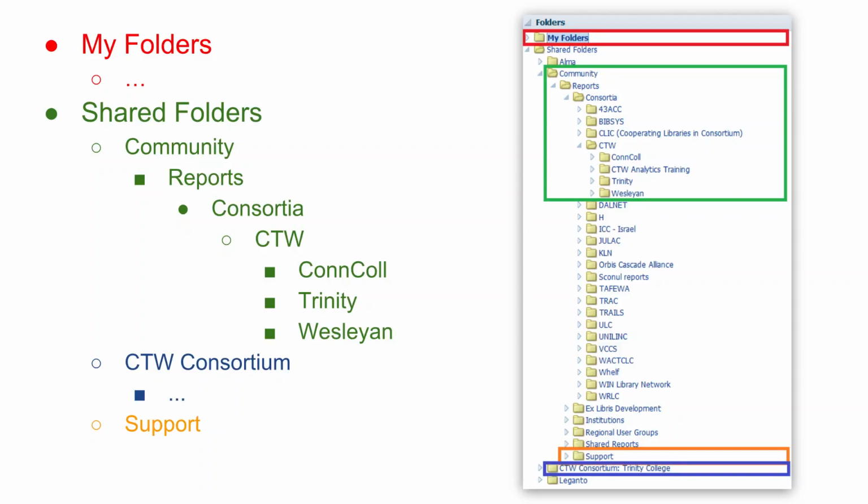The blue part, which is called CTW Consortium, and then Trinity College or your name, Wesleyan or Conn College, depending on your library. That's just for your institution. Even though it says CTW Consortium, it's a misleading name. That piece that's in blue is just going to be for your institution. Then the other orange one is support. I'll go to that a little bit later.